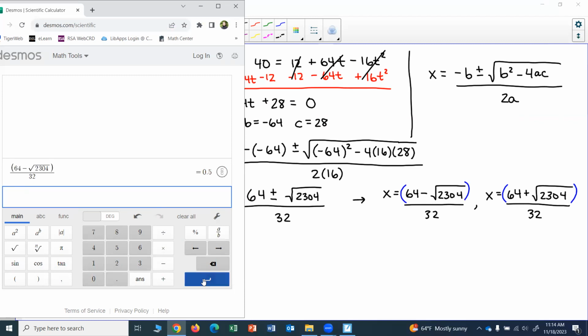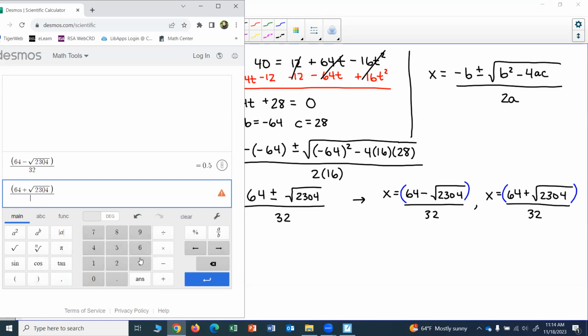So 1/2 is my first answer, or 0.5. And then I'll do the one with a plus. So I'll do parentheses, 64 plus the square root of 2,304. Use your arrow to get out of the square root, close the parentheses, and then divide by 32.